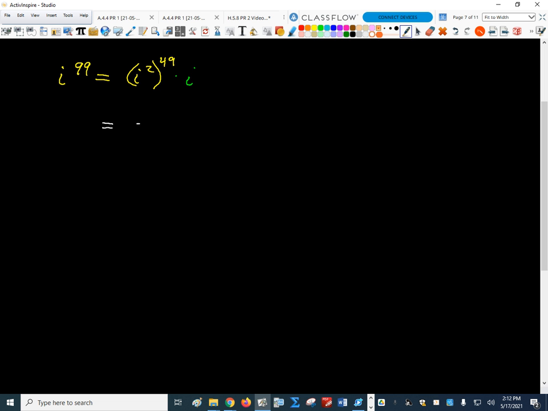Good job. So we get negative, whoops. Colors aren't sticking. There we go. Okay. There is a little trick on this. I could ask myself, okay, what is 99 divided by 2?